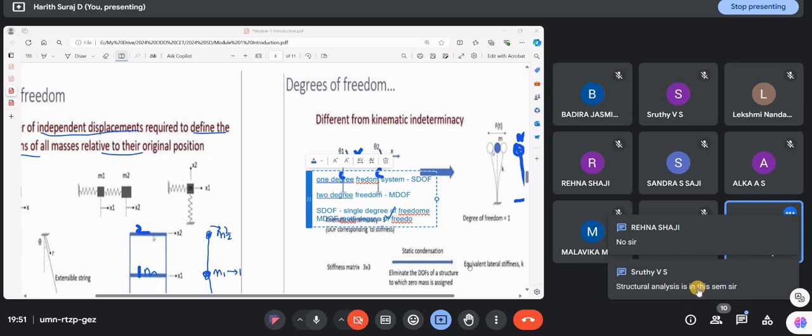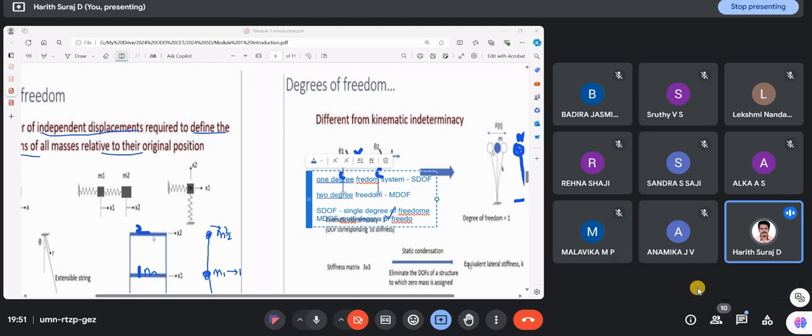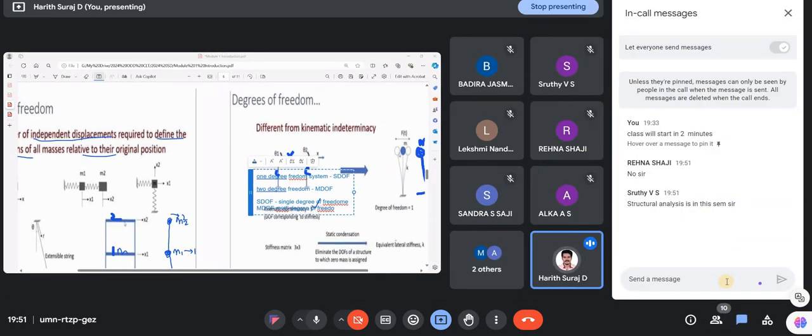Oh, you are studying structural analysis only in this semester, right? Up to what level have you studied in structural analysis? I mean, have you studied how to find the deflection and all? Have you studied Macaulay's theorem, the double integration method, that is d square y by dx square is equal to that, and all?